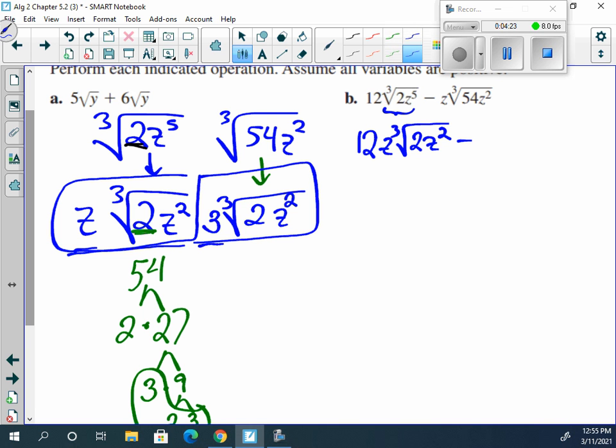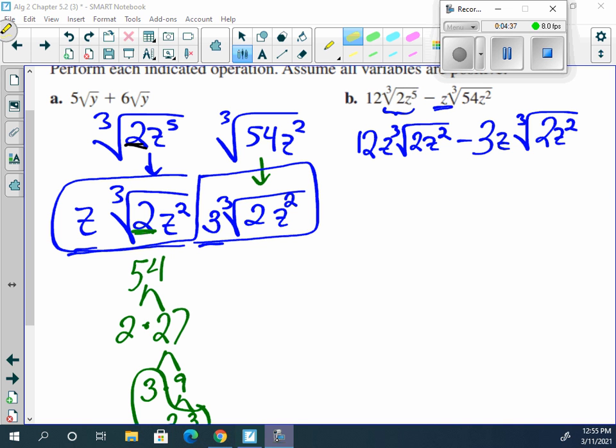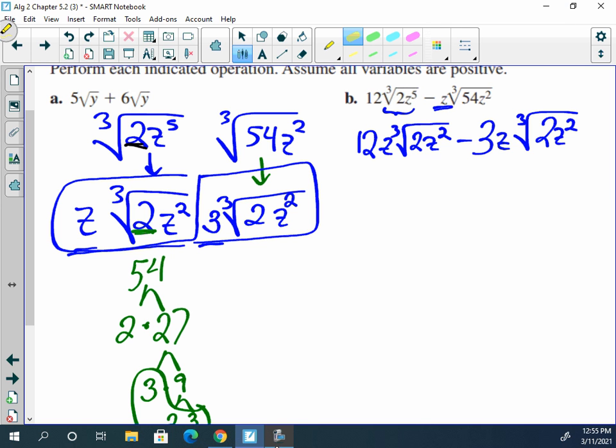Here, we now have a 3 out front. We also have the z from the original problem. Then we have the cubed root of 2z squared. Questions on any of this so far?